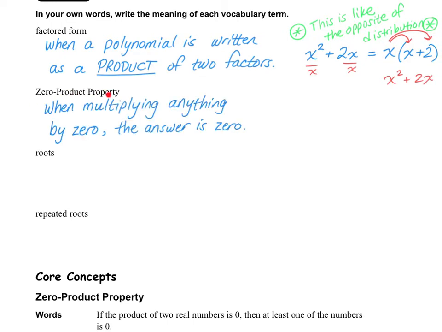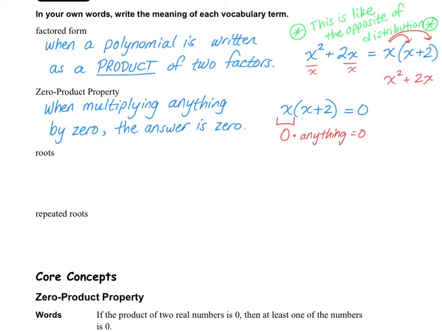The zero product property is whenever you multiply anything by 0, the answer is also going to be 0. This property is what we use to solve a polynomial that is in factored form. So if I take my original factored form here, which is x multiplied by x plus 2, and I set it equal to 0, that means that if this equaled 0, 0 multiplied by anything is 0.